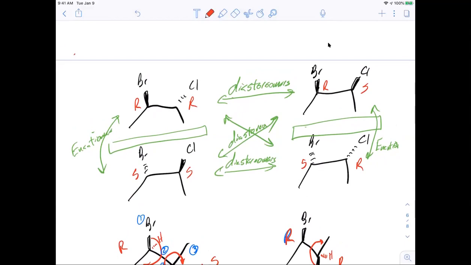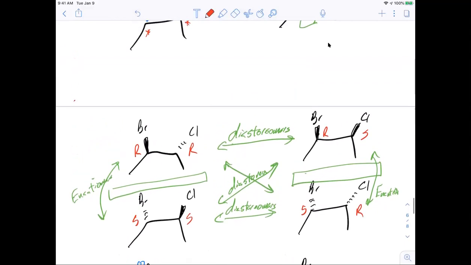Now notice in the original one, and then we'll go to the bottom one so you can see what I'm talking about. In the original one, what happens when I have enantiomers? What happens to my chiral centers? I switch both, right? So I switched the R for the bromine for an S with the bromine. And then for the chlorine, I switched the R to an S. So I switched both chiral centers, and those are enantiomers.